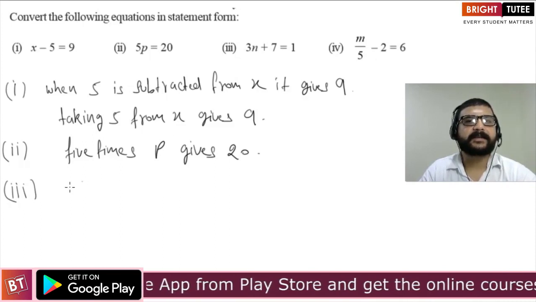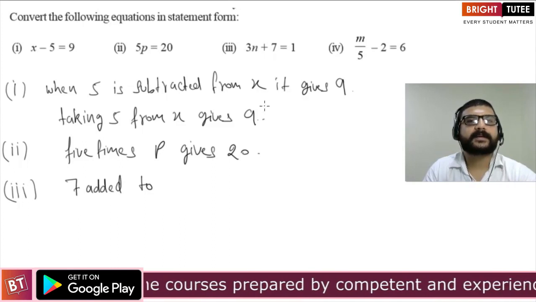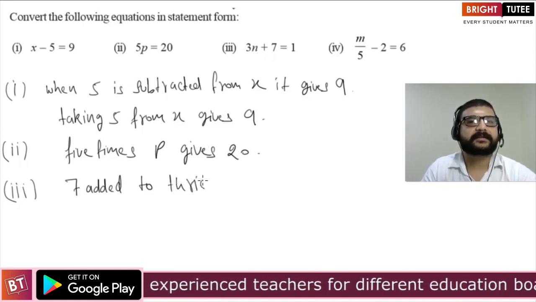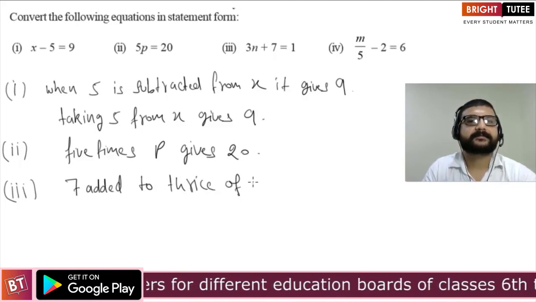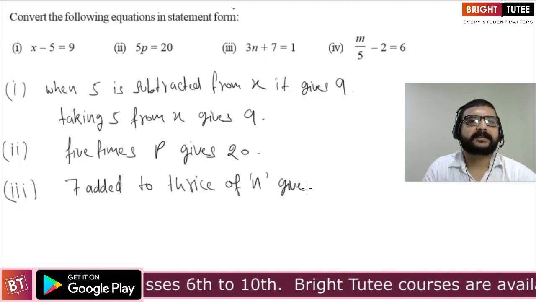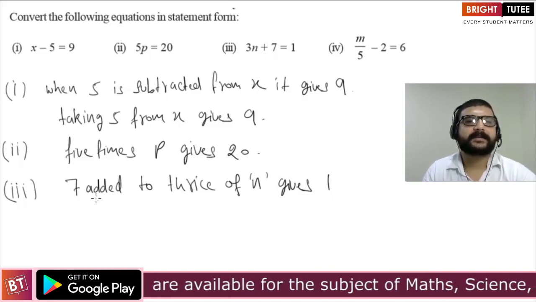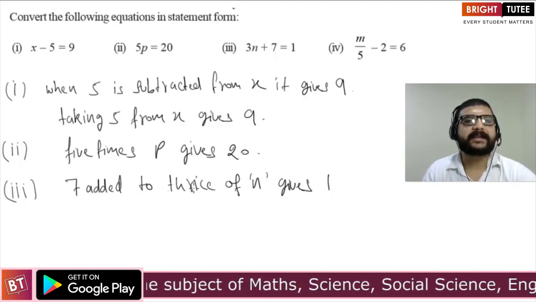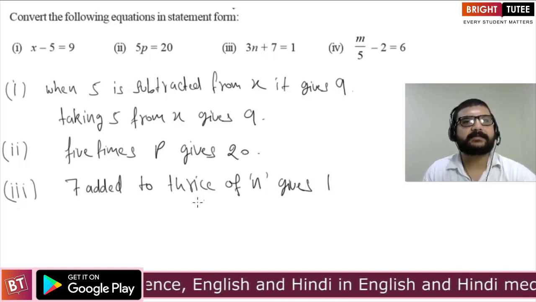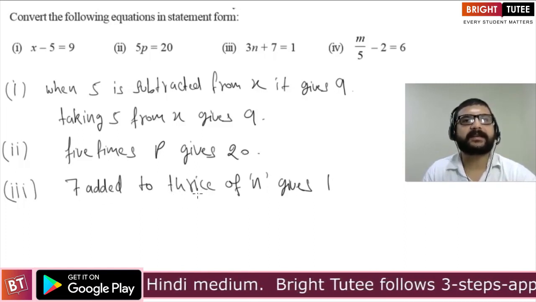It can be 7 added to 3 times of n, or we can write it as thrice of n. 7 added to thrice of n gives, now this is equal to 1, so we will write 1 here. So the statement is 7 added to thrice of n gives 1. Instead of thrice, we can write 3 times also. It will be the same thing only. We can write 7 added to 3 times of n gives 1.